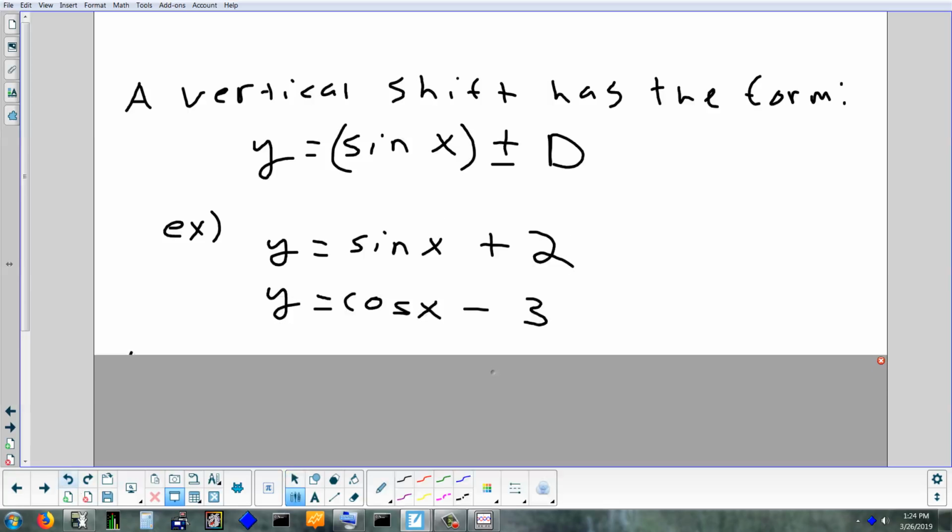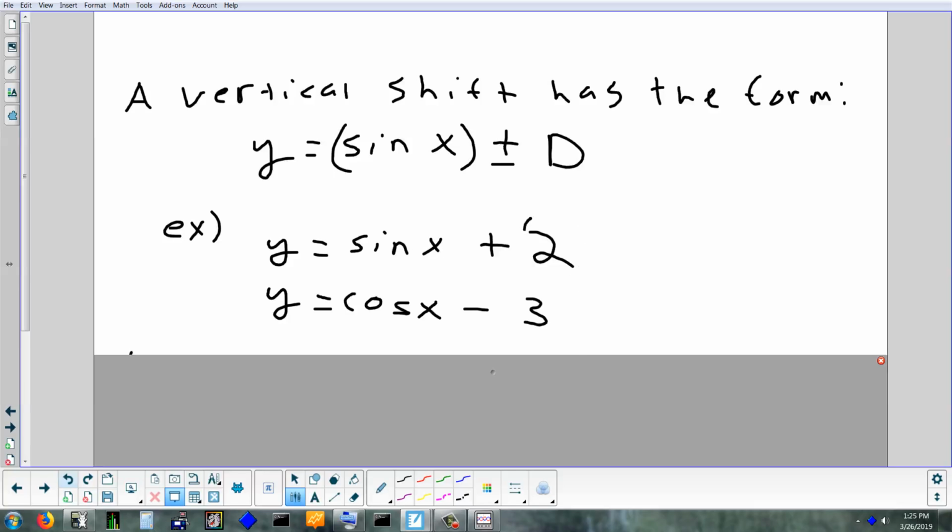Some people say, well, could you just put in parentheses and make it a phase shift? Depends where you put them. If you put parentheses here, do you think that's a vertical shift or a phase shift? Still vertical, unless you put the letter and the number in parentheses. That's a phase shift. Most of the time you wouldn't put parentheses there, but if you do, that's a vertical shift.